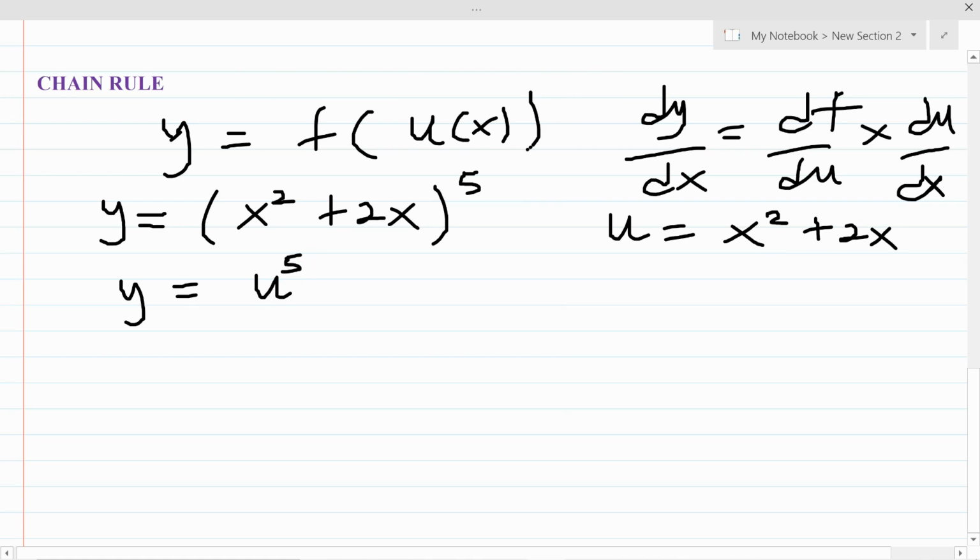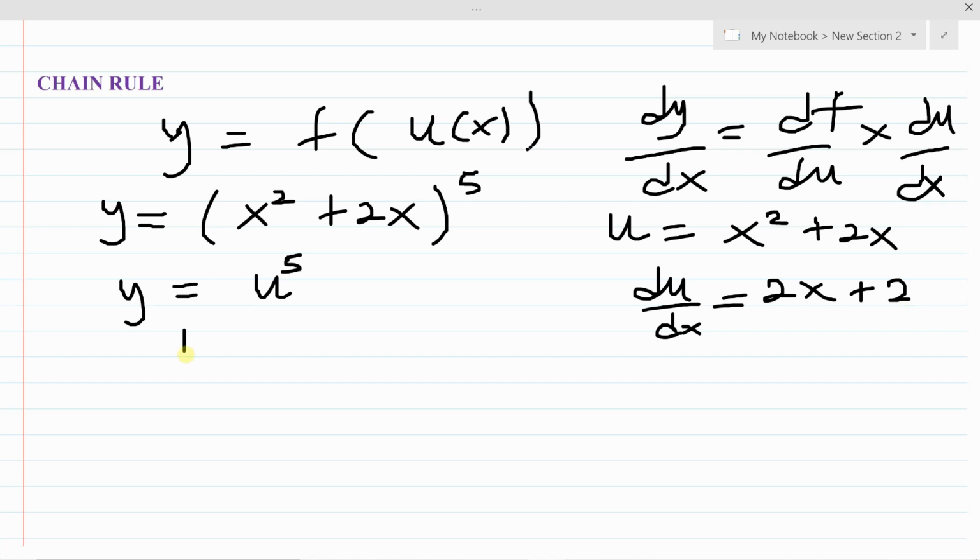Then my du/dx should be equal to 2x plus 2. This is what we learned from our definitions. And then dy/du is equal to 5u to the power 4.